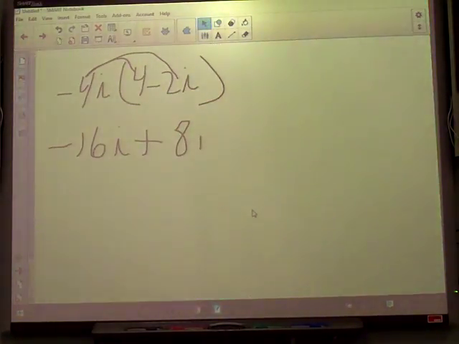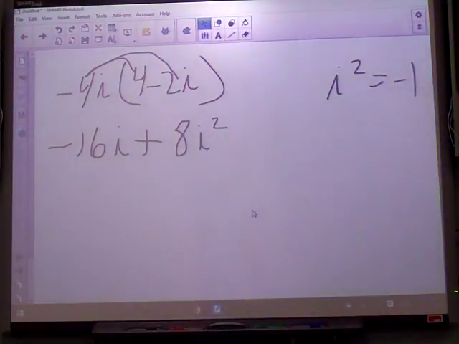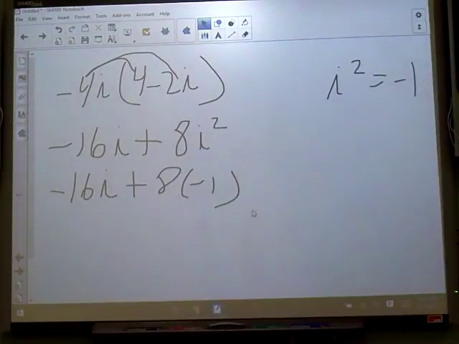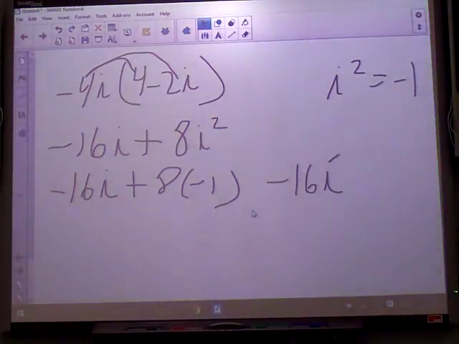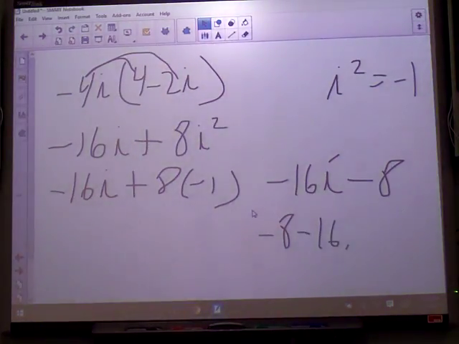And i times i is i squared. i squared is always the same as -1. So this means I have -16i plus 8 times -1. 8 times -1 is -8, so I got -16i minus 8. The directions say write in standard form. Standard form, the one without the i comes first, so I have to flip-flop it. -8 minus 16i.